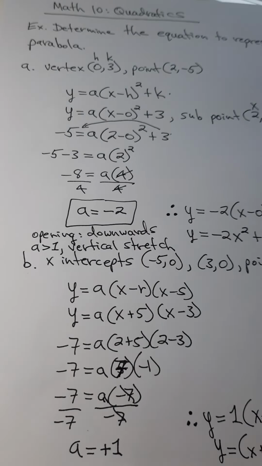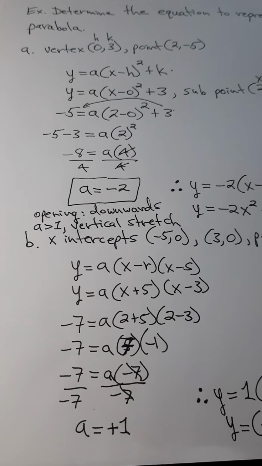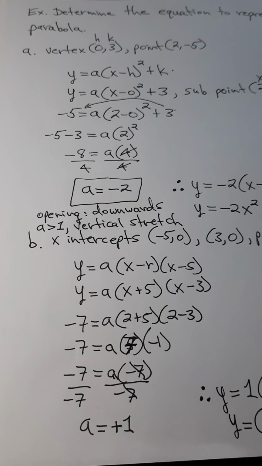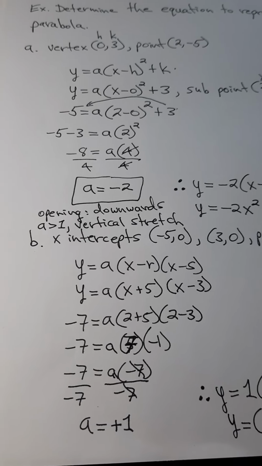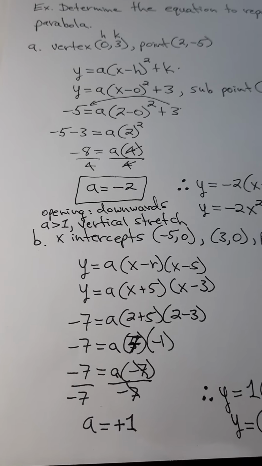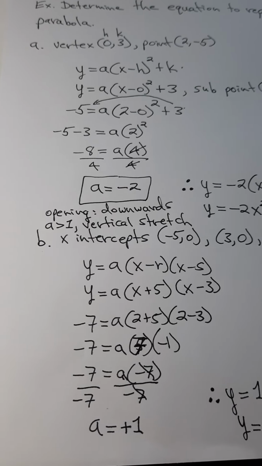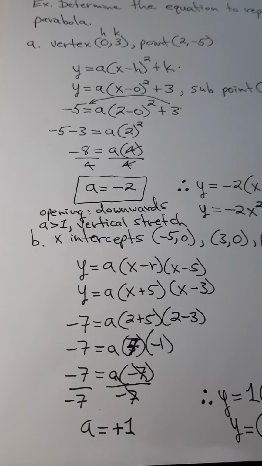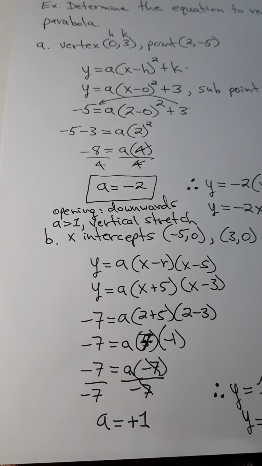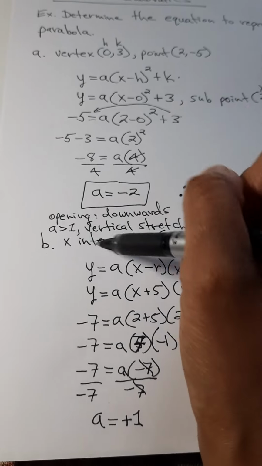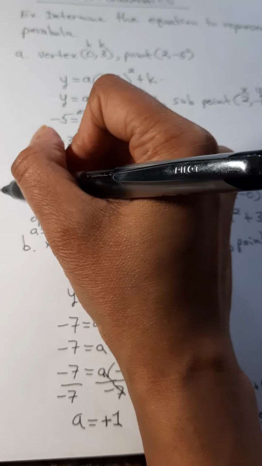And the vertical stretch just means that the parabola is basically skinnier than the parent function, which is y equals x squared. Okay, however, if the absolute value of a was less than 1, and it was between 0 and +1, that would actually be a vertical compression. If you were to graph it out, it would basically be a little bit wider. Okay, this is a vertical stretch.